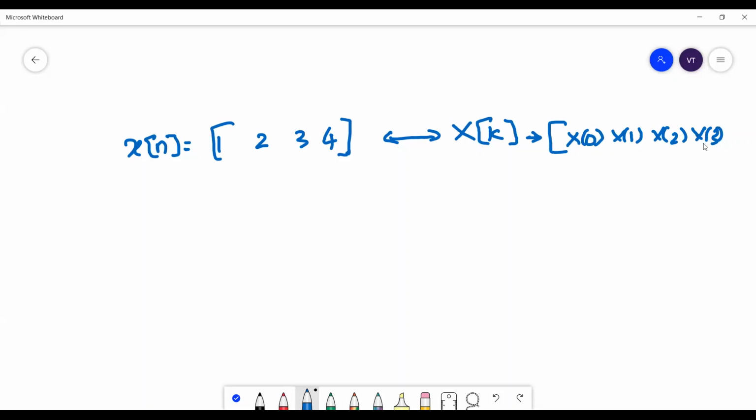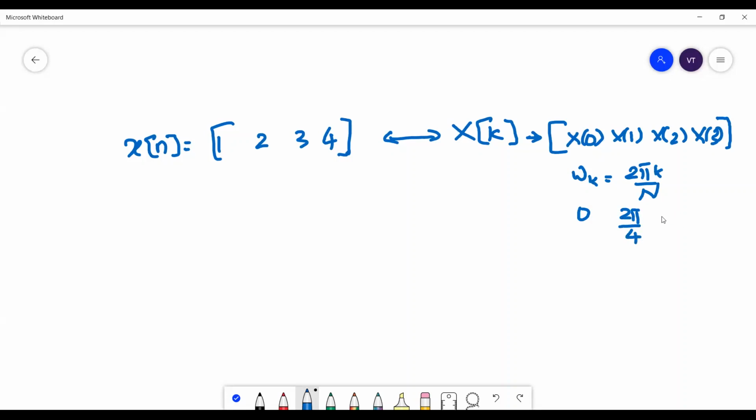So these are the 4 samples. And now the 4 samples represent omega k, where omega k was equal to 2 pi k by N. So the first sample was at 0. The second sample was at 2 pi by 4 because N is equal to 4 here.